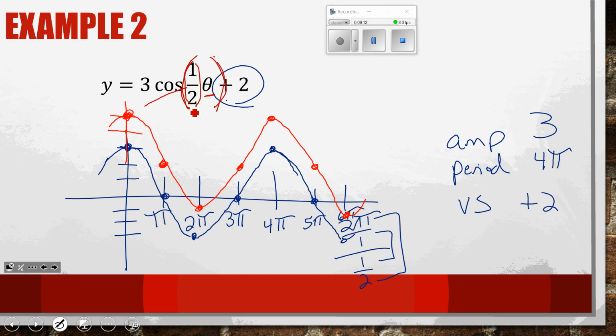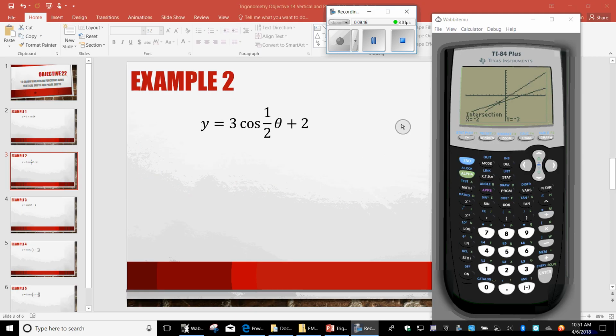X, it's a variable. All right, so I've pulled up my calculator. First I need to go to mode, and I've got it in radians, so I'm good. I'm going to clear this out, and I'm going to put in 3 cosine, and again, it throws that first set of parentheses.